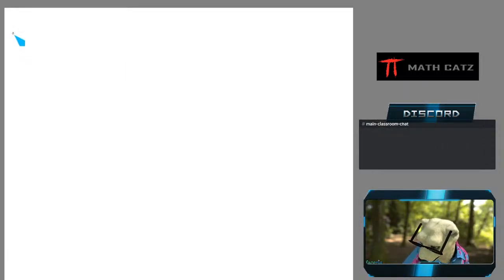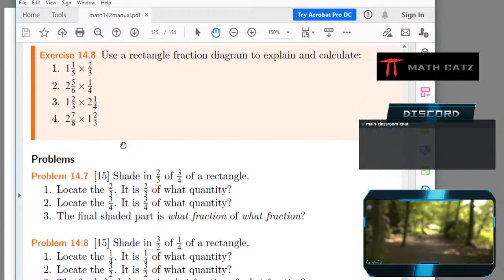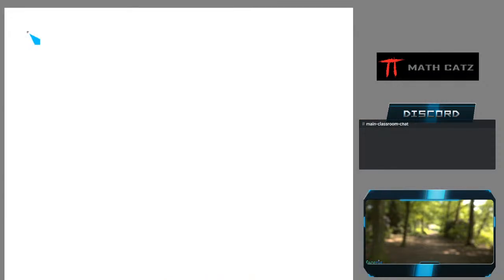So we have some exercises. Where are they? Exercise 14.8. Might as well do the first one.